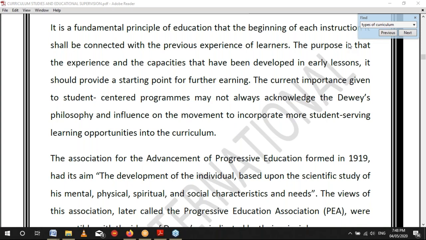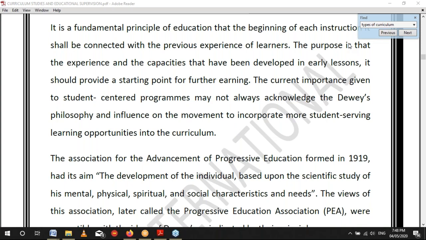Three, give a comprehensive meaning of subject curriculum, stating the characteristics of subject curriculum.